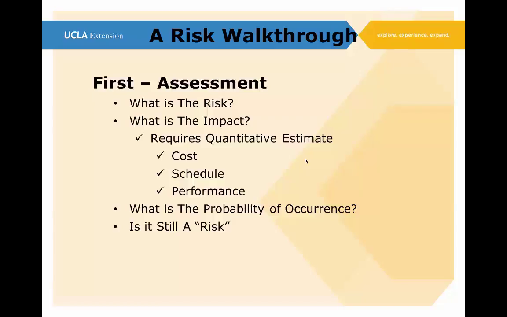And then after we've looked at the risk, identified the risk, evaluated the impact, quantified the impact, whatever impact it would have to cost, schedule, and performance of the project, then what is the probability of occurrence? In other words, 10%, 30% probability it'll occur, 90%, 70%? How do we establish probability of occurrence?